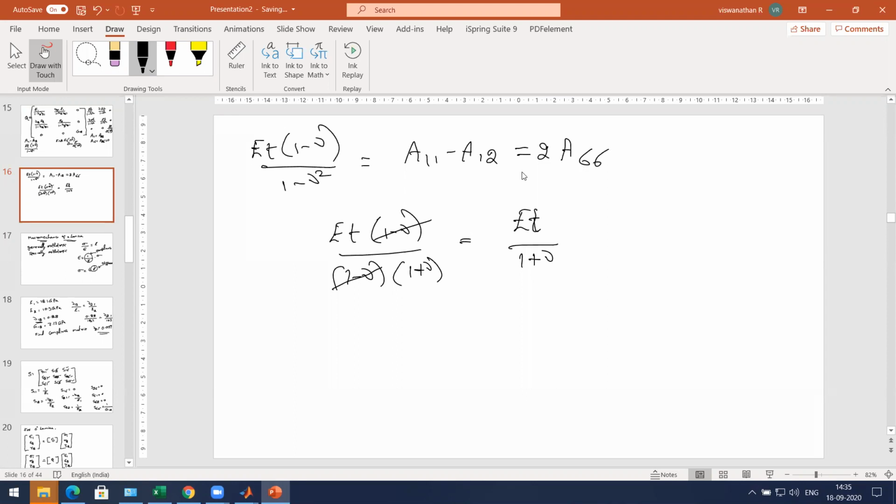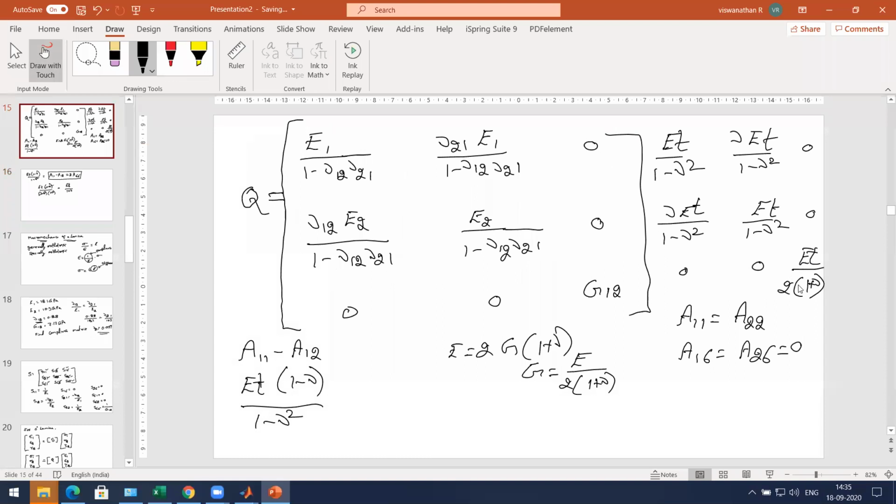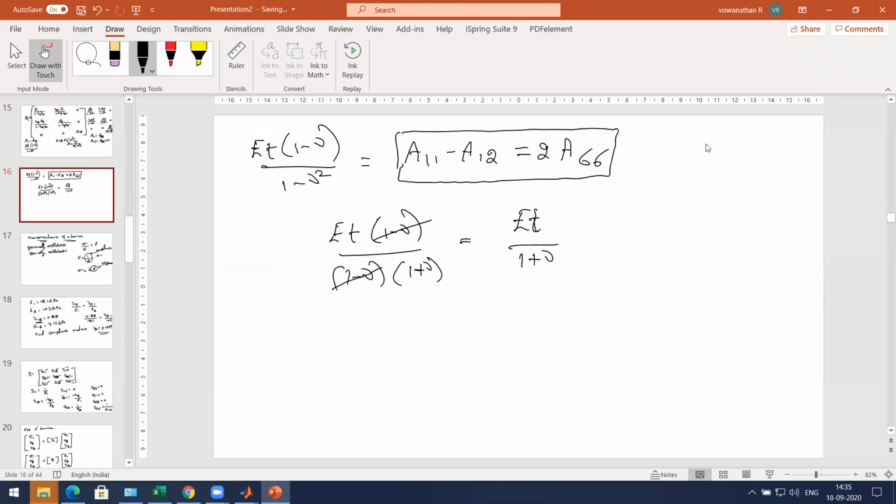So this is the relation. A11 minus A12 can be written as 2 times A66, because A11 minus A12 is Et divided by 1 plus nu and A66 is Et divided by 2 into 1 plus nu. This we got from E is equal to 2G into 1 plus nu, which you have studied in the mechanics of materials course. So what all we got?